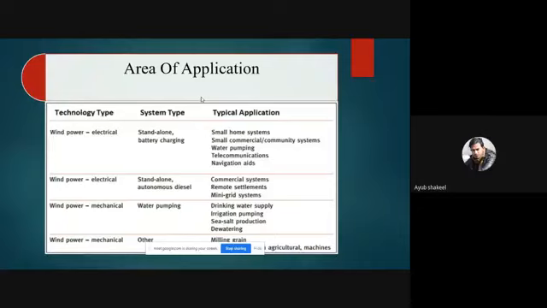Now, if we talk about areas of application, we have a couple of uses of the energy that comes from wind. Here are some of them. First we have the electrical type. We use wind power turbines, and as you know, we have windmills connected to the wind.